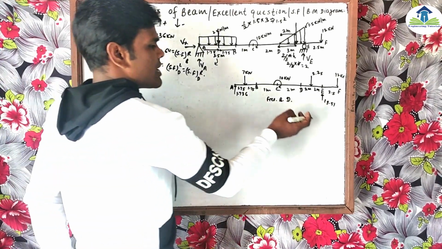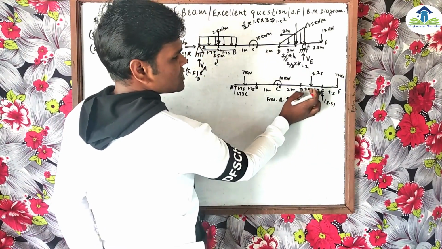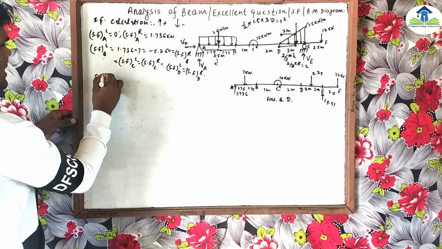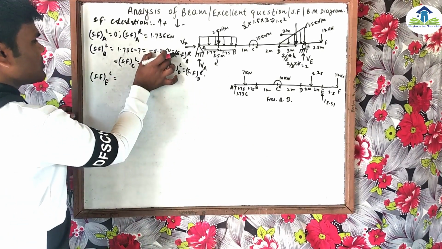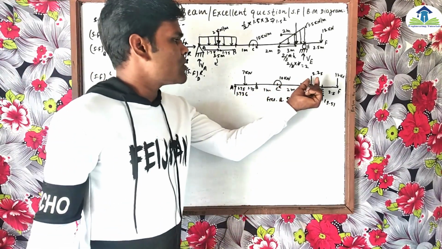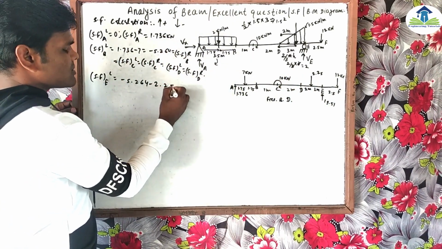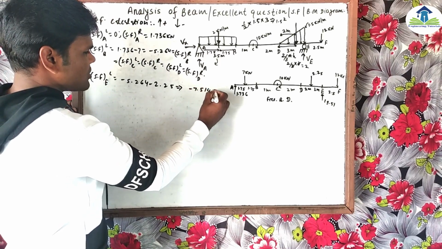Now we calculate the shear force at point E on the left side. On the left side, another 2.25 kN force is acting. So the shear force at E left is the total force minus 5.264, and another downward force, which is 2.25. This is negative, so minus 2.25, giving minus 7.514 kilonewton.